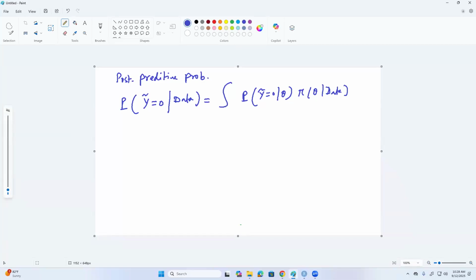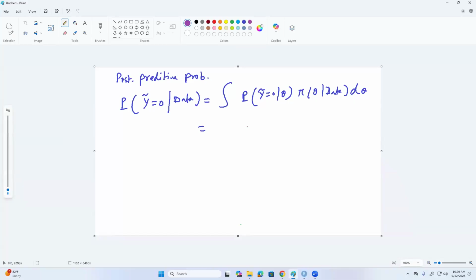It is obtained by integrating out theta with respect to its posterior density function. Now, given the theta parameter, the new observation is also coming from the Poisson distribution. But theta is unknown, so that theta will come from its posterior distribution.